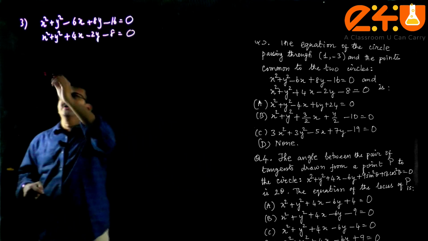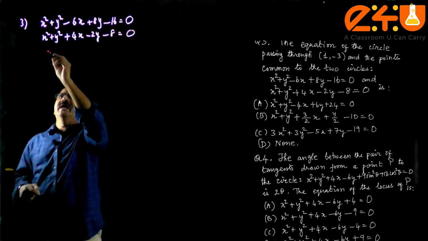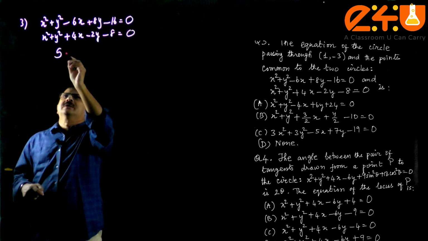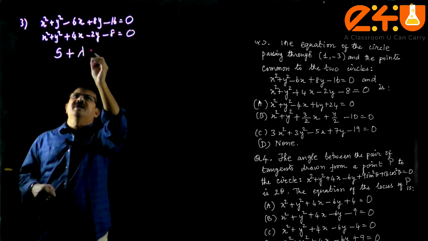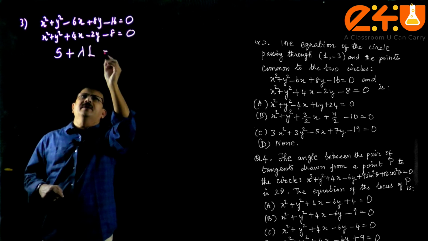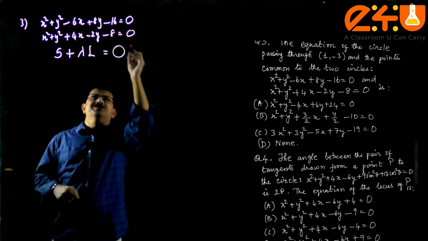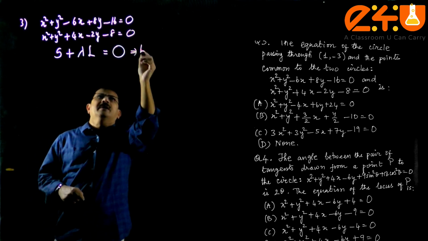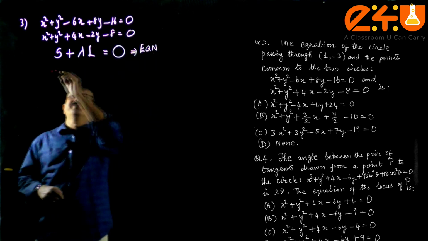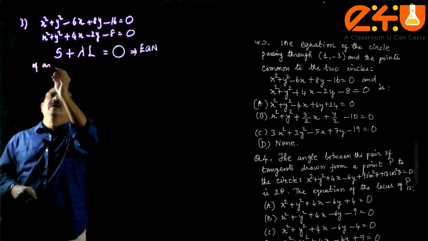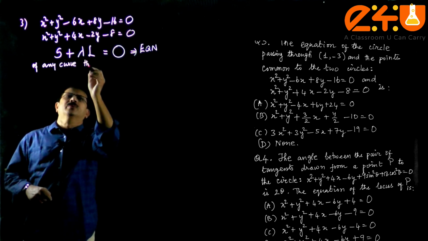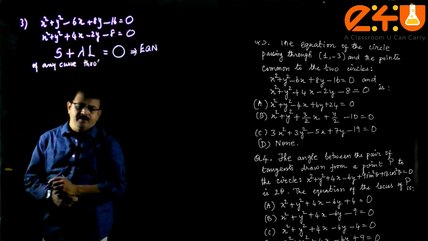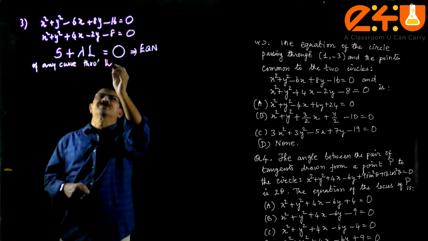Well, the wonderful concept we have: circle S plus lambda times line equal to 0 gives the required equation of any curve through the common points.